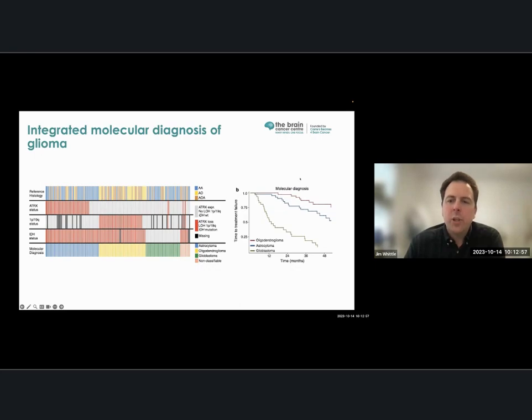And this, if you look at the Kaplan-Meier survival curve on the right, nicely breaks down these groups into their prognostic features. And as we know, the oligodendrogliomas have the best outcomes, followed by the astrocytomas and our GBMs here in green.